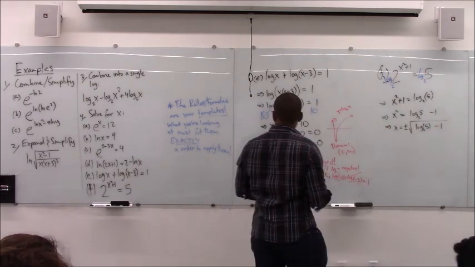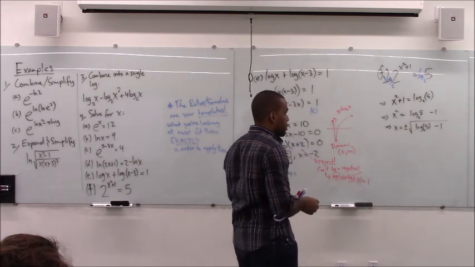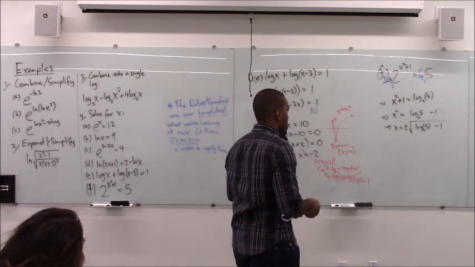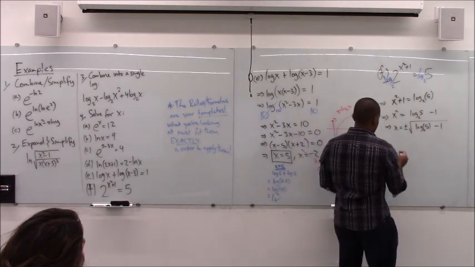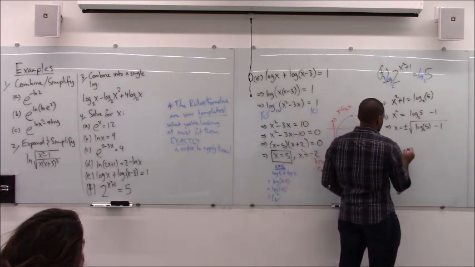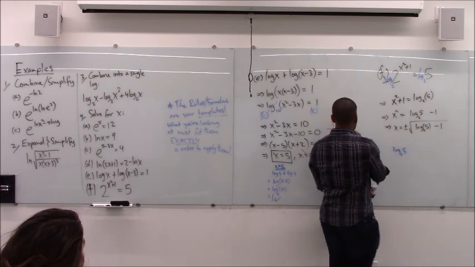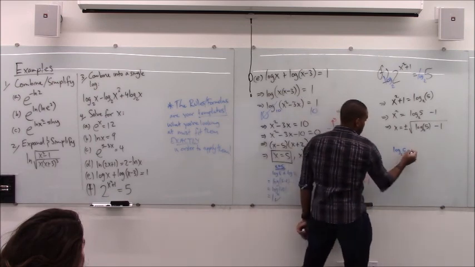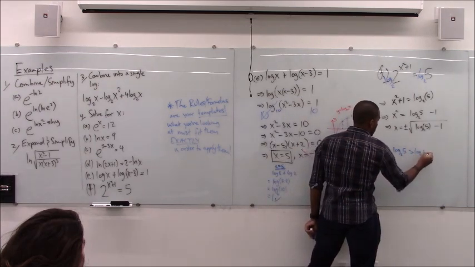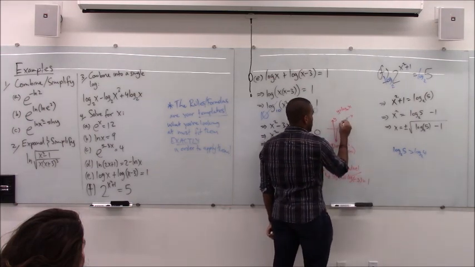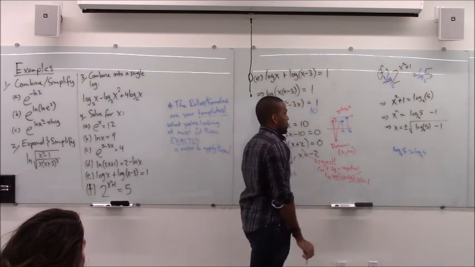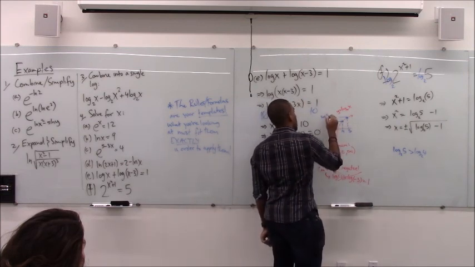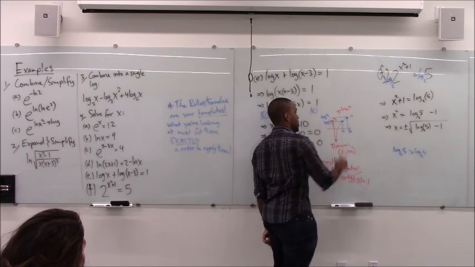Now does that actually make sense? Can we actually take that log? Here's one thing you can notice: logs are also increasing. When the x value gets larger, the log gets larger. So log base 2 of 5 is larger than log base 2 of 4.